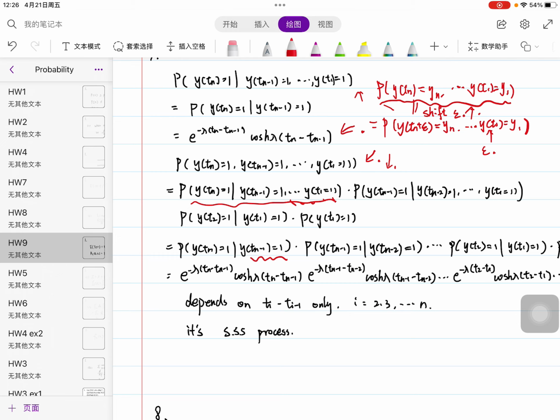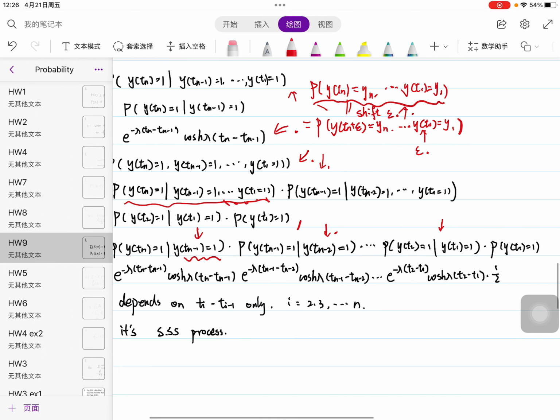So we could do this for every term. For each conditional probability term, we only have one condition here. You could see that, right?